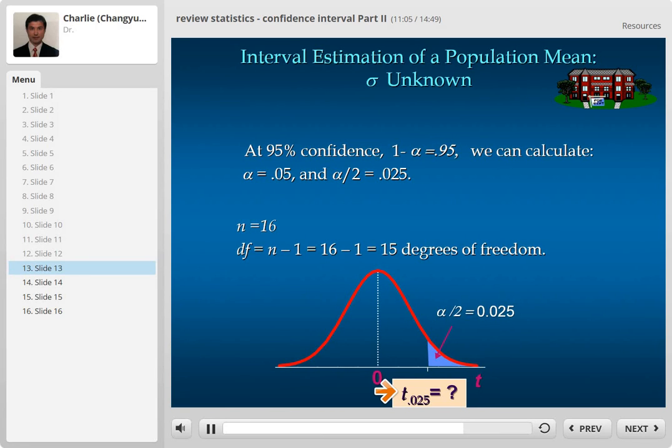The reason is basically we copy this number over to the subscript here. That means we're trying to find this point on the horizontal axis where the size of the area beyond this point is 0.025. We label it as t subscript 0.025.